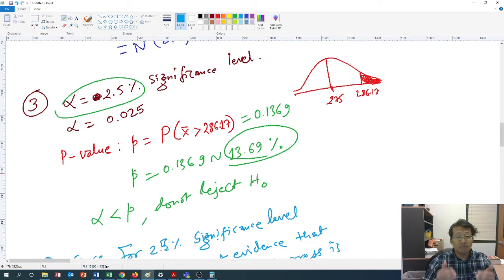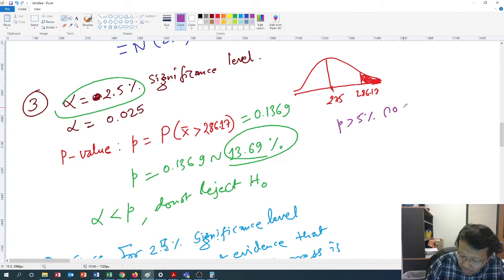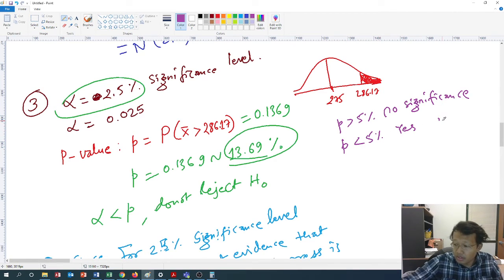However, if the p-value is more than 5%, then it does not have any significance. So here p-value greater than 5% means no significance, and p-value less than 5% means yes, there is some significance.